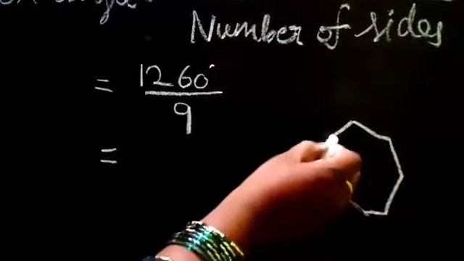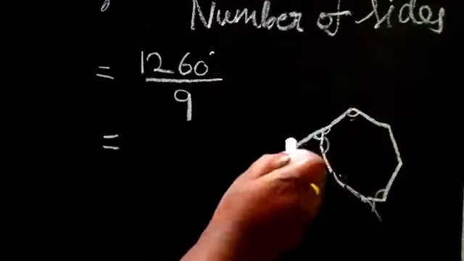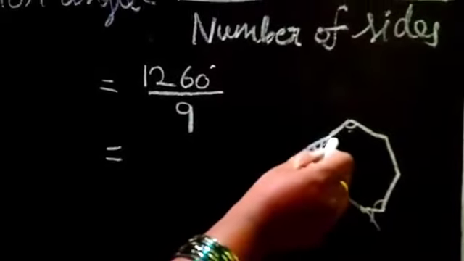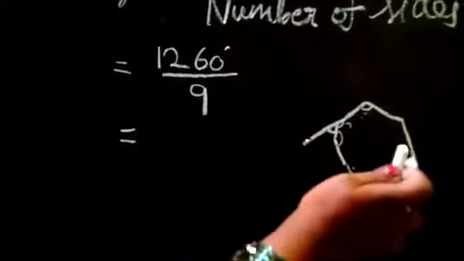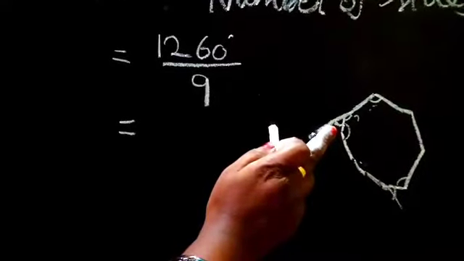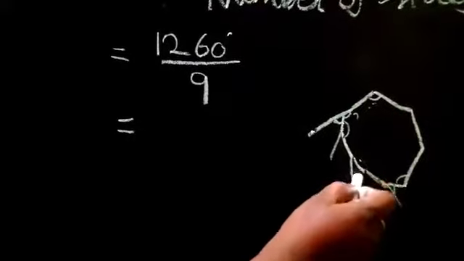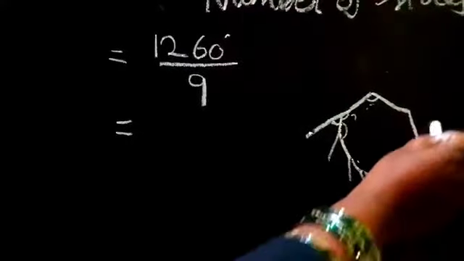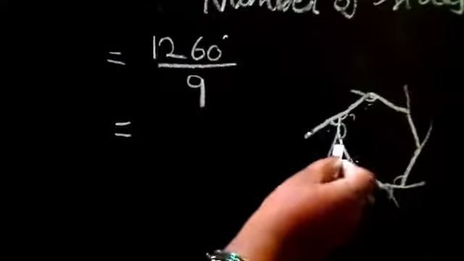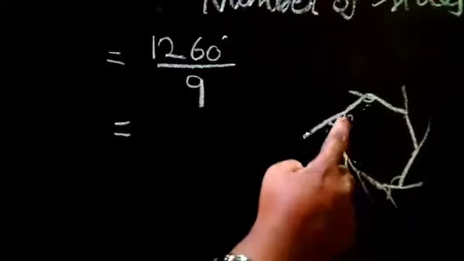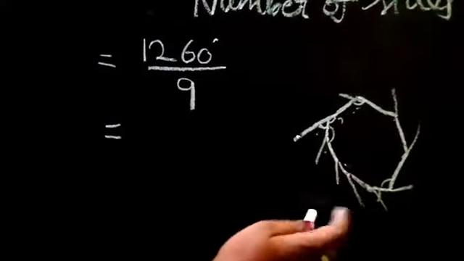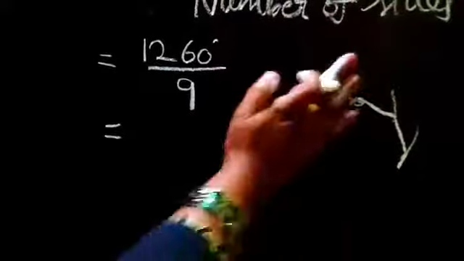This all is called interior angles. Okay, so we are going to find one interior, means everything will become equal. One exterior angle, when we find, all the exterior angles will be equal. Exterior all will become equal and interior all will become equal. That's what we have to find in this.